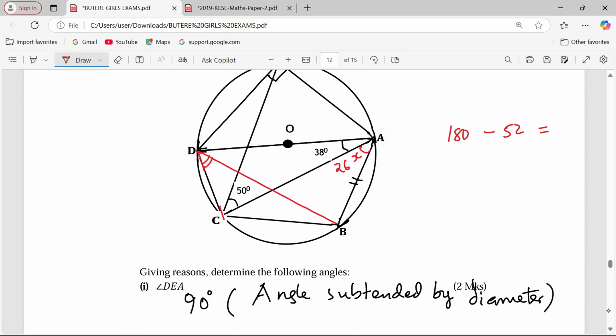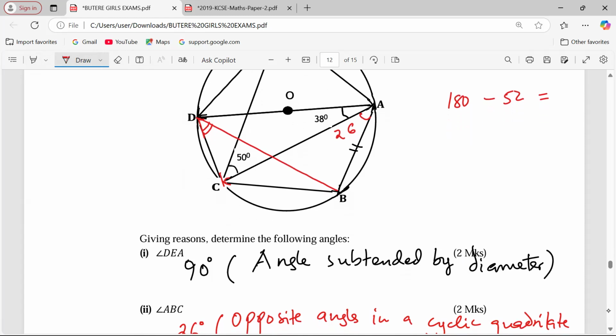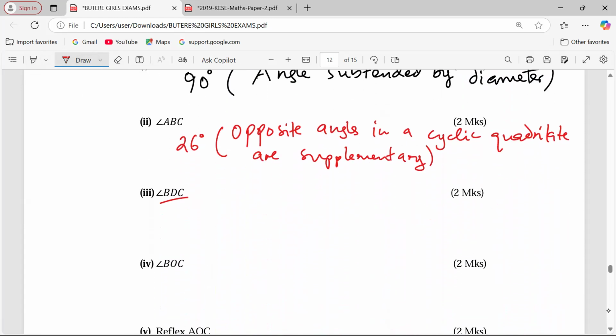So when you look at that angle, it has been produced by chord BC. And again, chord BC has also produced another angle, 26. Therefore, angles subtended by the same chord are usually equal. So we say it is equal to 26.